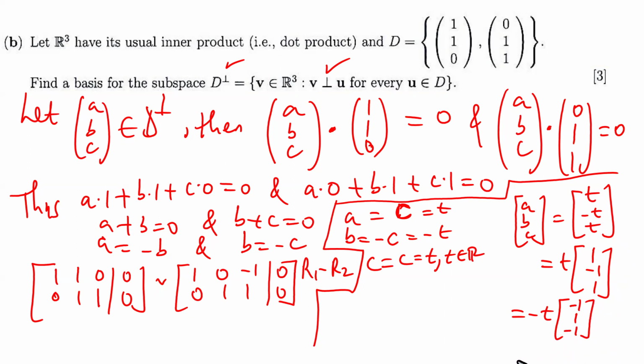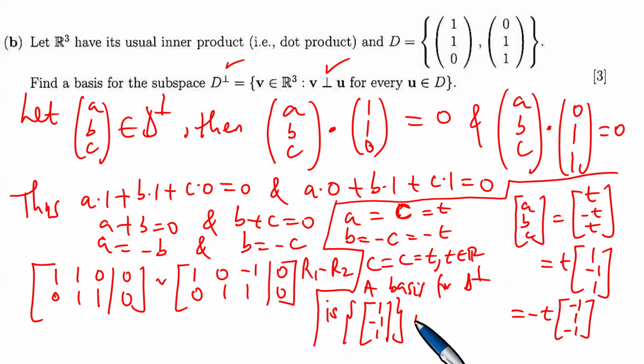There are more bases than these, but in other words, you can then say a basis for D perp is, the first one, 1, minus 1, 1, or minus 1, 1, minus 1. You can write it like this.